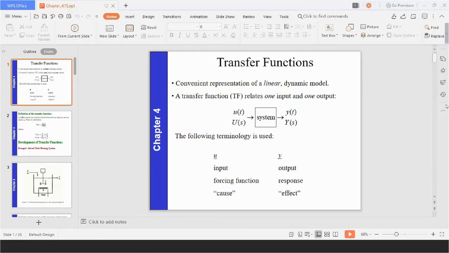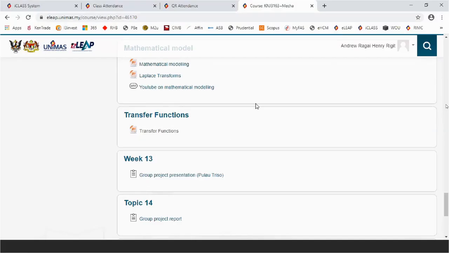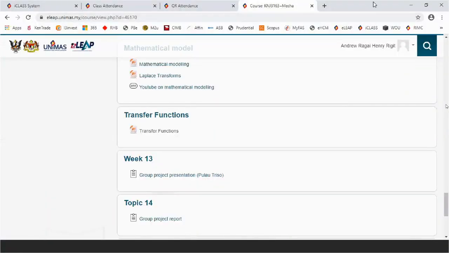This is the last slide anyway. I close this one. Okay, you can see this screen, right?